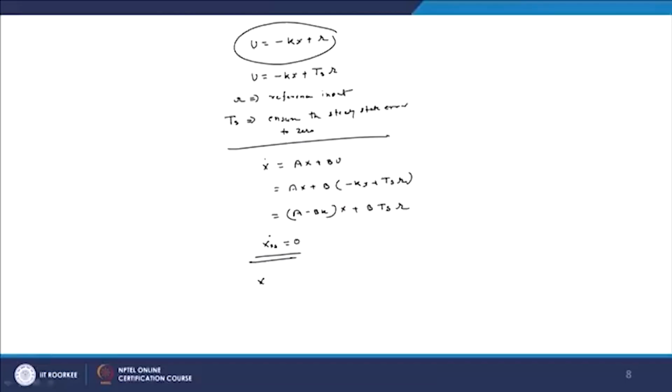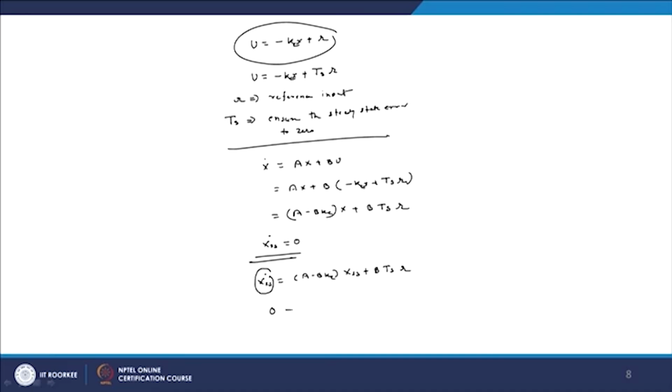Now, we write the equation as xs dot equals A minus BK xss plus B into Ts into R, where the controller is Kc, so A minus BKc xss plus B into Ts into R. Now, our main condition is that at steady state this is equal to 0.